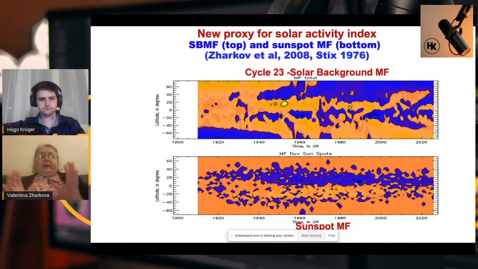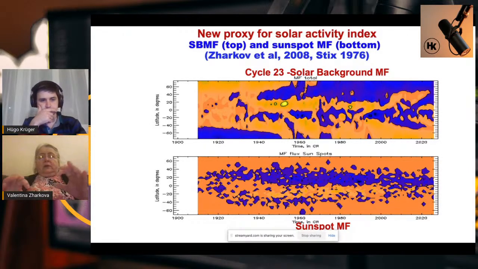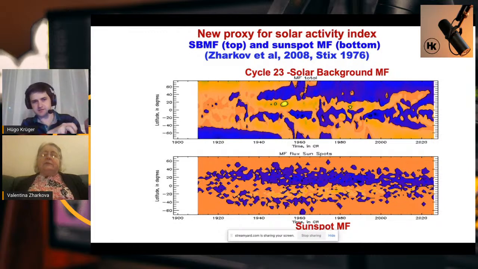Remember, the background field covers the whole solar disk, which is 1024 by 1024 pixels, while a sunspot has maybe at most 100 pixels out of these few hundred thousand pixels on the sun. So studying the anti-correlation gives you an indication of the sunspot activity.